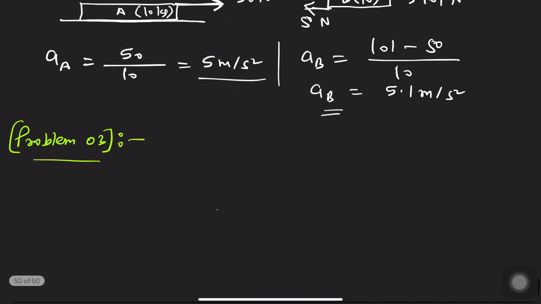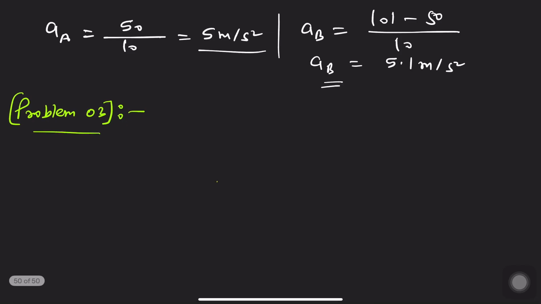Okay, now let's see. Guys, suppose this is your ground, and there is one block and there is another block. Let's say this is 10 kg and this is also 10 kg.